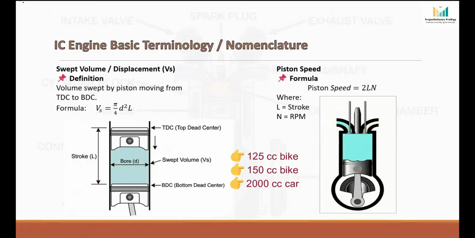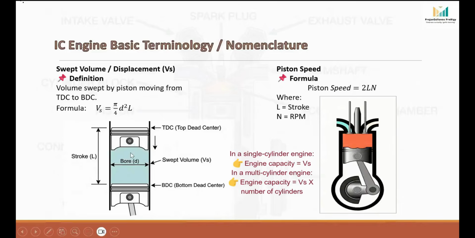Normally, when we say 125cc bike or 150cc bike or 2000cc car or 2-liter car, we are referring to engine displacement or swept volume. And cc here means cubic centimeter.